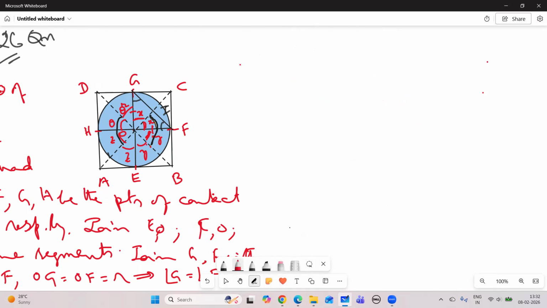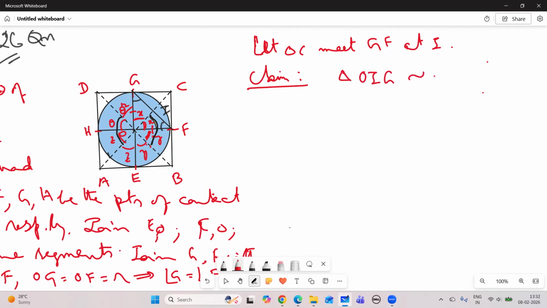Let OC meet GF at capital I. Claim: triangle OIG is similar to triangle OIF. These two triangles are similar.